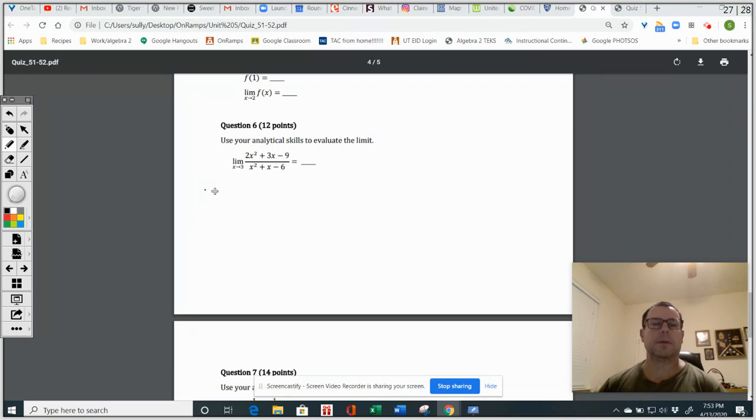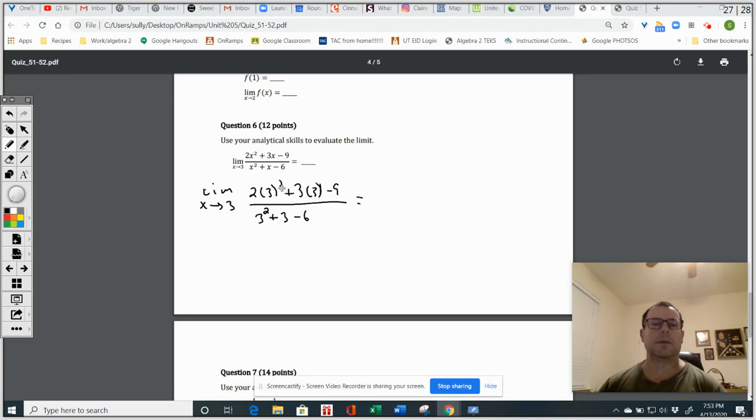So the limit as x approaches 3 of 2 times 3 squared plus 3 times 3 minus 9, over 3 squared plus 3 minus 6.